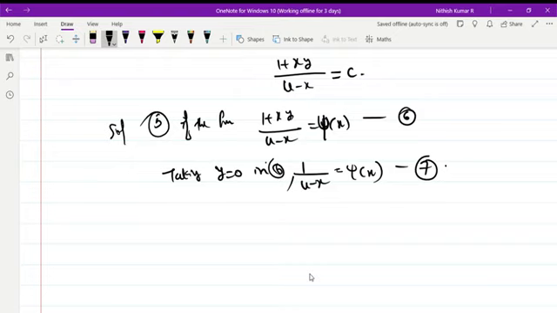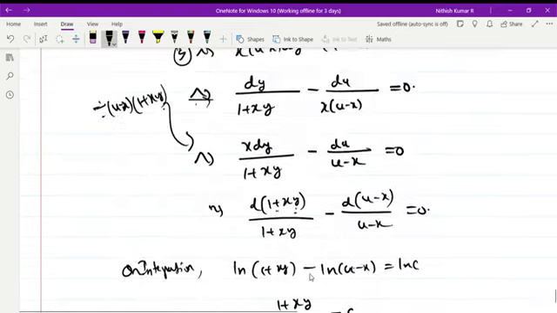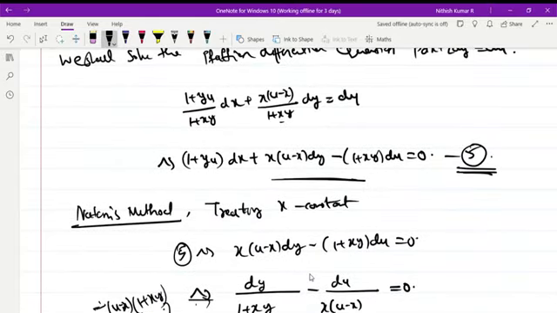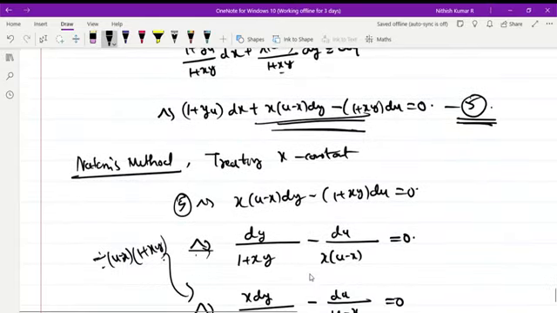We are finding the solution of equation 5, but I just got it by treating x as a constant.